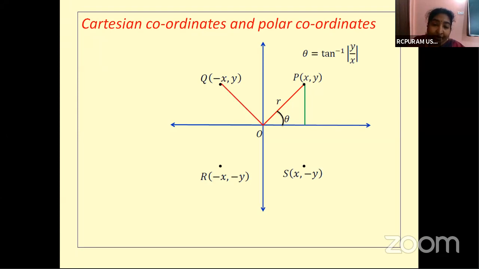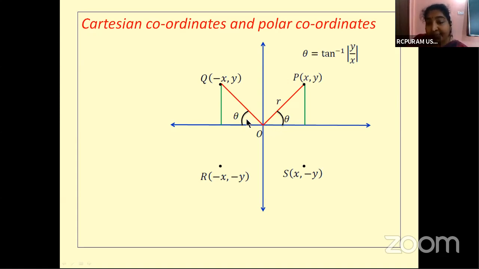Now similarly, we will take the angle in the second quadrant. The angle is theta. The same distance I am taking, children, in the second quadrant. This is again R, from O to Q. And whatever angle I took here, the same angle I am taking. But what is the difference?